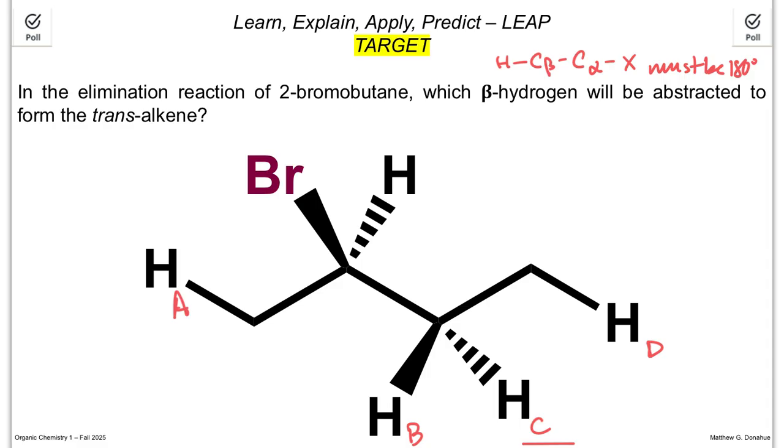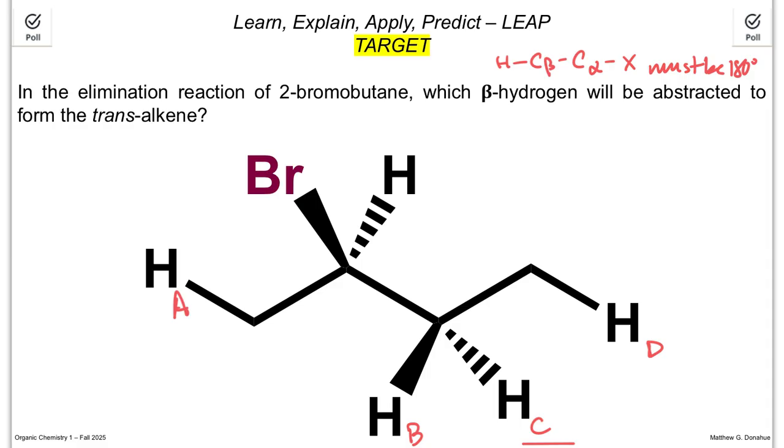Or put it another way, if we look at the Newman projection, this is HC in my left hand and the bromine in my right. Look at the orientation of the methyl groups. So here and here, they end up 180. So that means you will get the trans product from that.